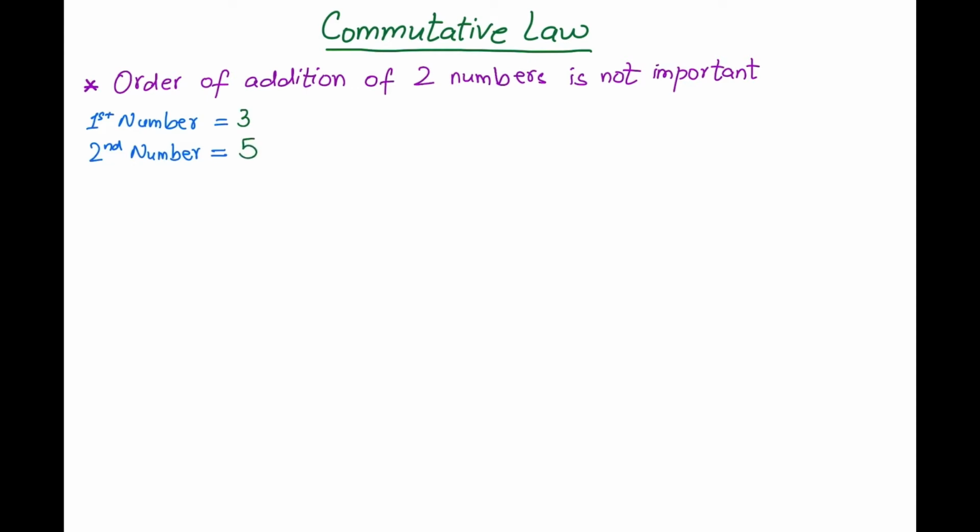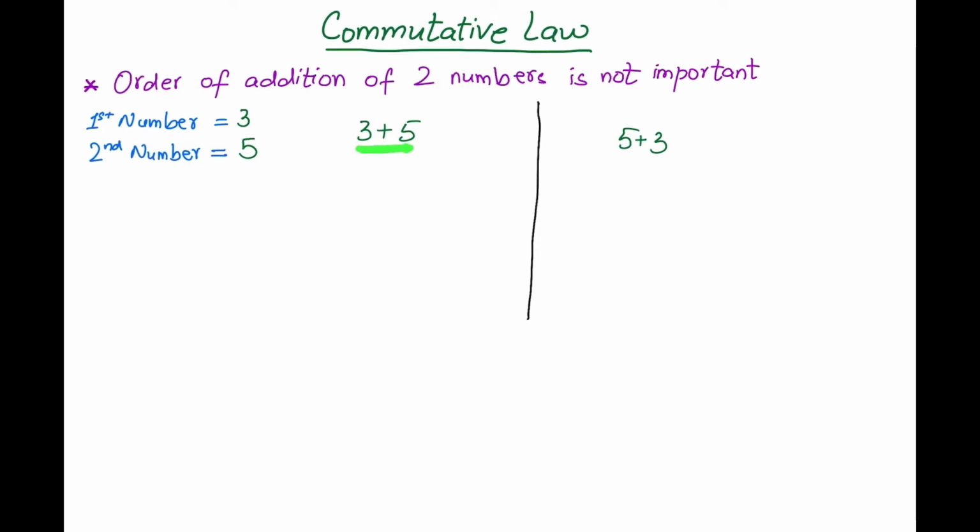Now if you want to add these two numbers, how can you write it? You can write it in two ways. You can either write it as 3 plus 5, or you can write 5 plus 3. Let's create a partition.